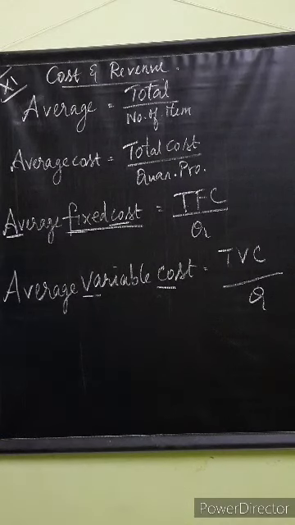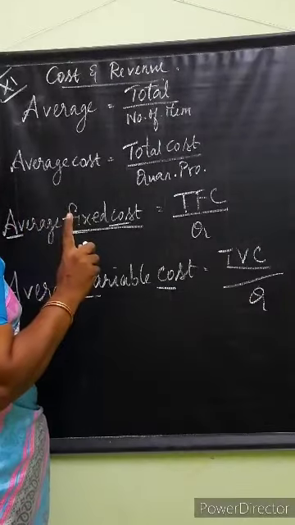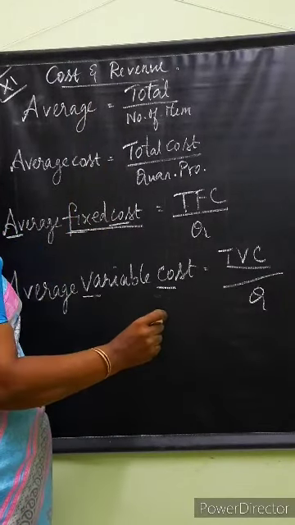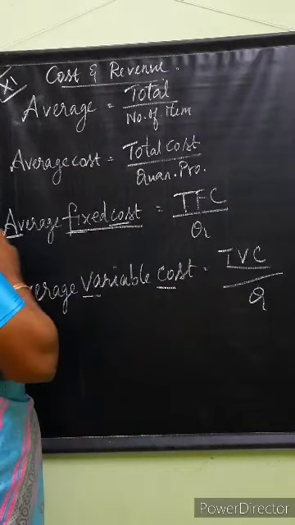In the previous classes, we learned what is total fixed cost, what is average fixed cost, total variable cost. Have you remembered the table, girls? I have given 5 units. Fixed cost will be 1000 all the time. Have you remembered?